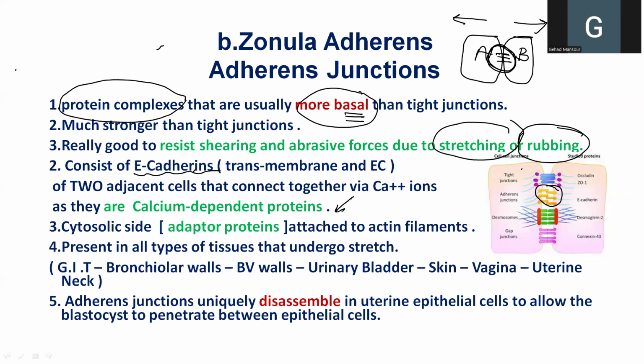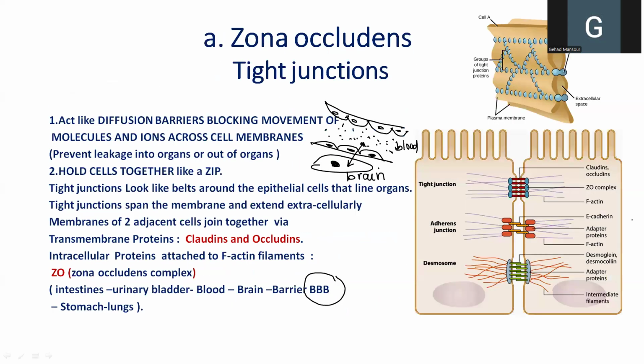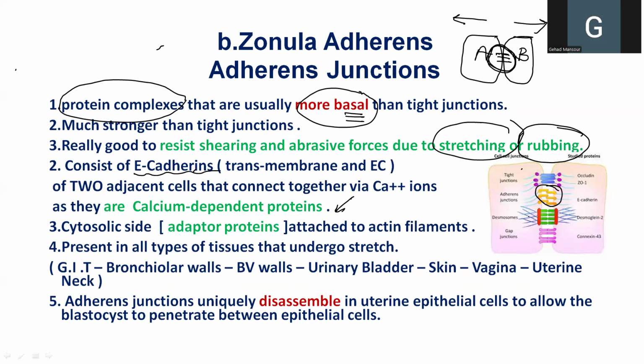This is because in order for them to attach, they require calcium ions to bind with specific calcium receptors on them. And then we have the cytosolic side of that complex. The cytosolic side is nothing but the adapter proteins that we have explained here and that look orange here. Those adapter proteins are the cytosolic component, and they are again attached to actin filaments.